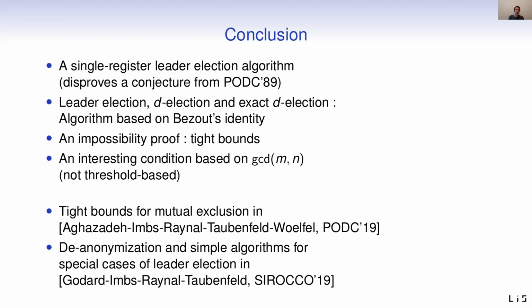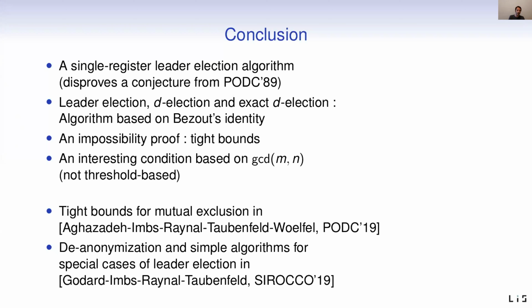So obviously, if you're interested in the results I presented, especially in the single register algorithm and the impossibility proof, I encourage you to read the paper. Now, there are some other papers that are related that could be of interest. So in our PODC paper from last year, we give tight bounds for mutual exclusion in the same anonymous memory setting.